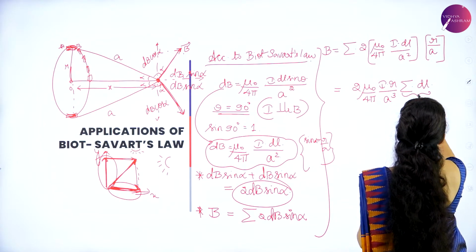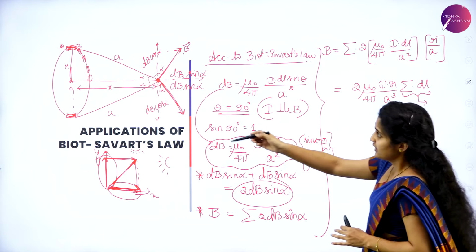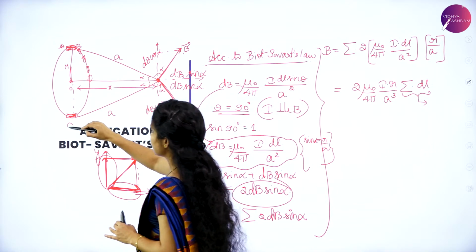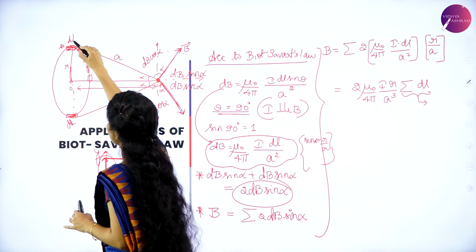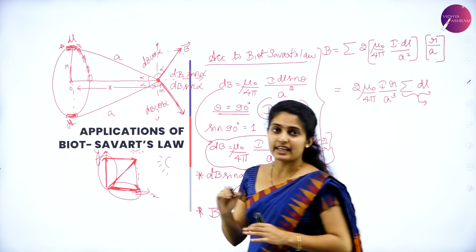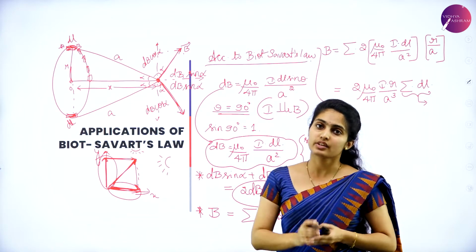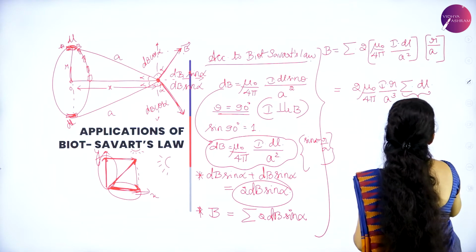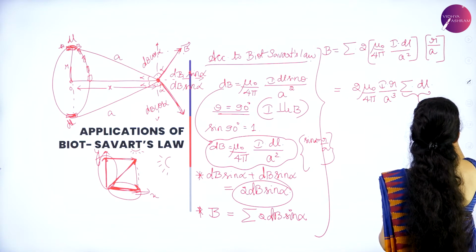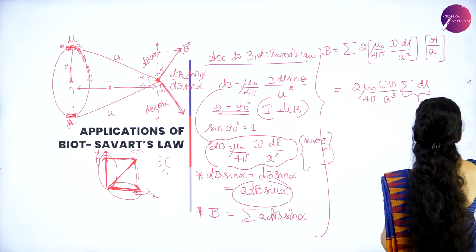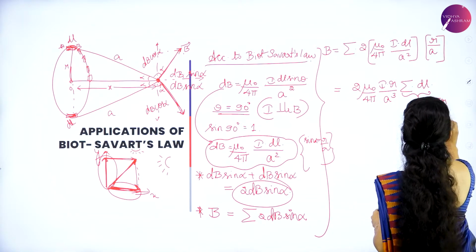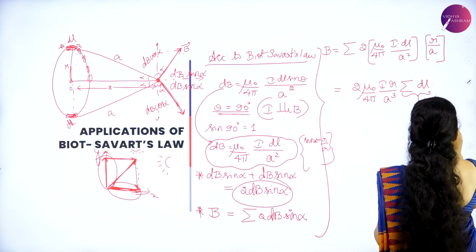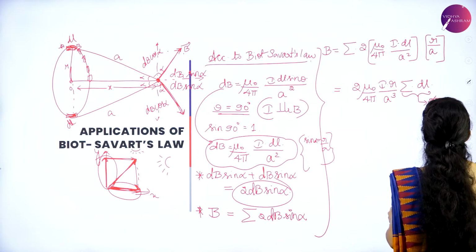The sum of all dl terms is nothing but the line element, dl. If you calculate the line element for all, it completely covers the circumference of the circle. The circumference of the circle is 2 pi r.